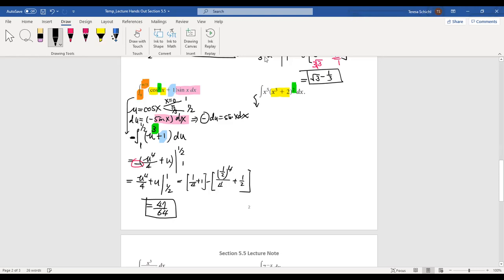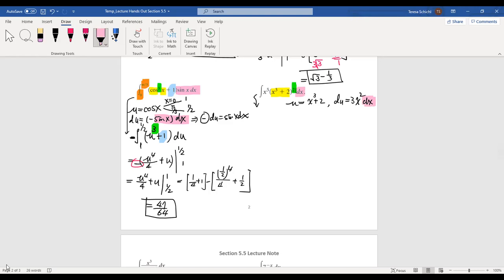So I would say if I set u equal to x cubed plus 2, then I have du equal to 3x squared dx. So the 3x squared dx matches this dx, right?